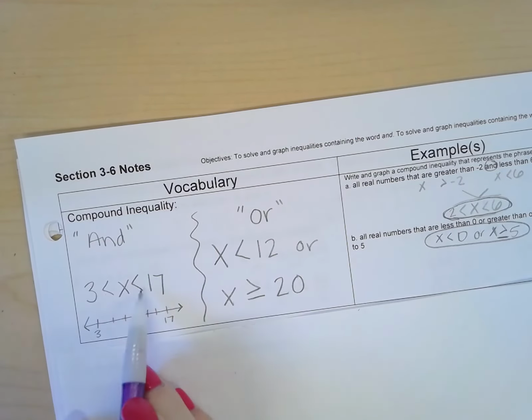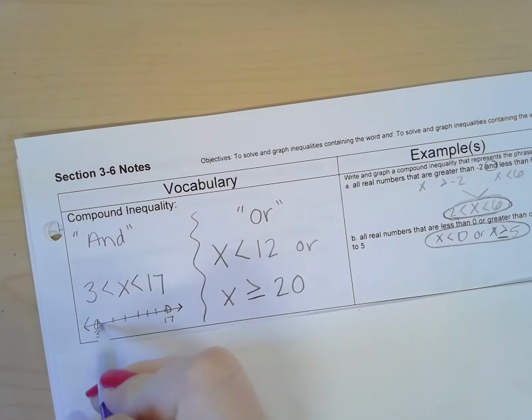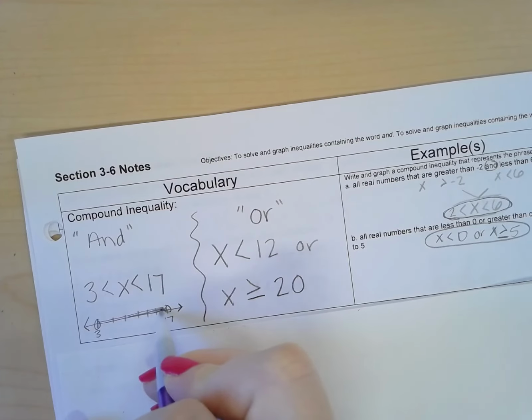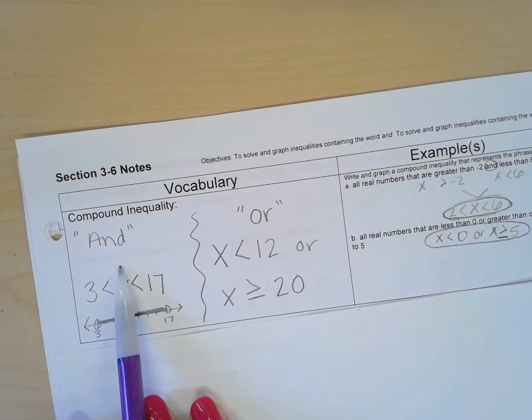Because there aren't any lines under these, they'll both be open dots. And then all I have to do is connect these two dots, because all of these numbers in between here will work for an x number. Okay? So my x number, my number that I don't know exactly what it is, can be any number between 3 and 17. That's an AND inequality.